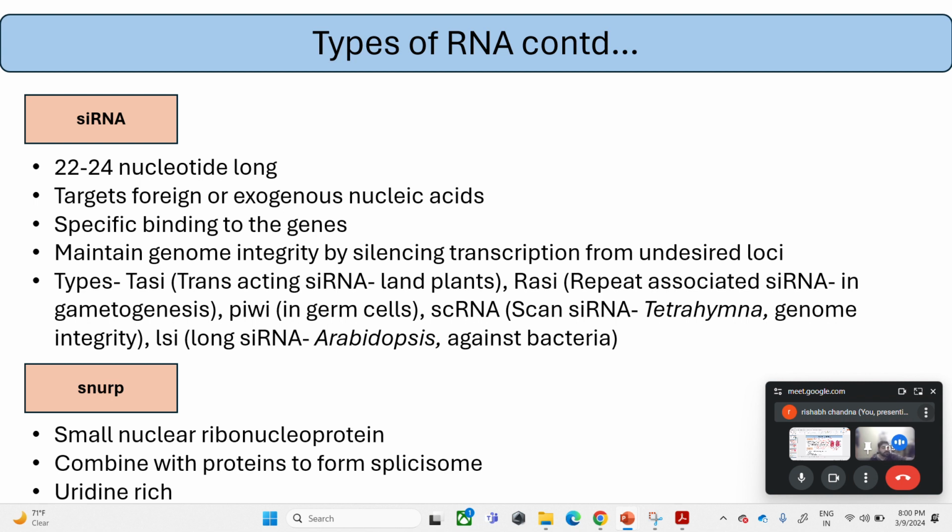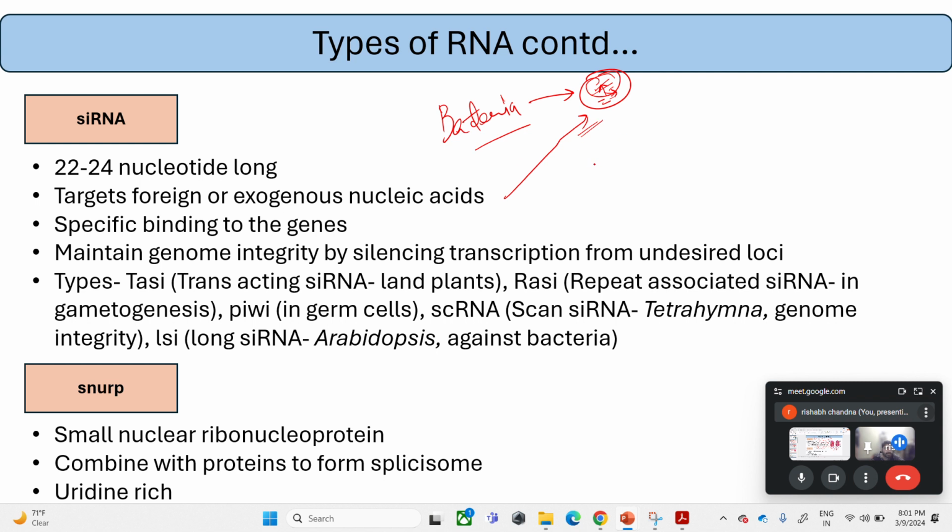For example, a bacterium or a virus infects our cells, enters the cell and releases its genome to get expressed, but there are certain RNA molecules that repress its expression. So this is the meaning of exogenous nucleic acid: it represses the exogenous nucleic acid.